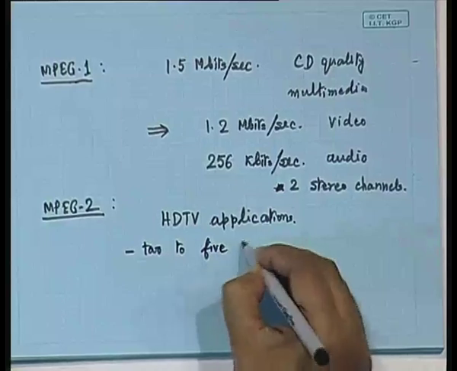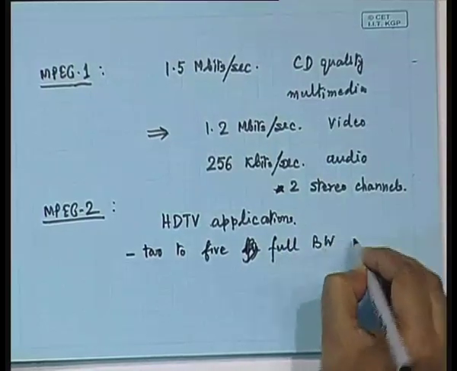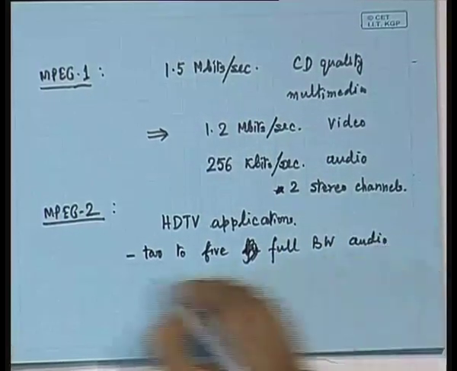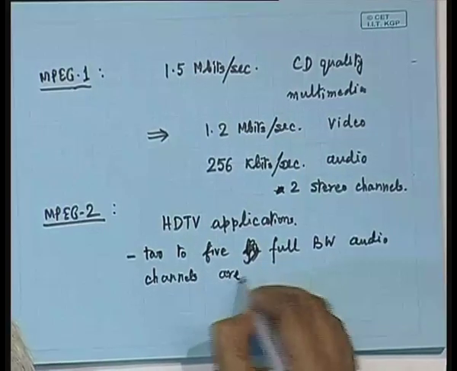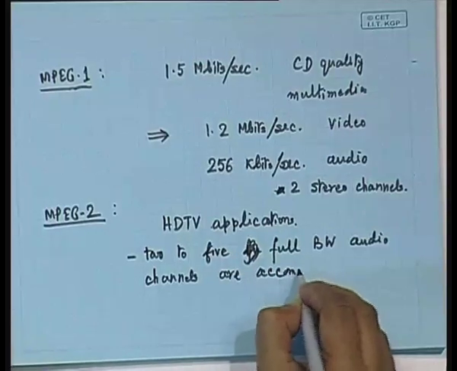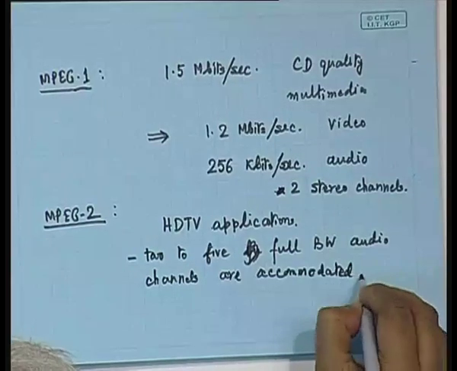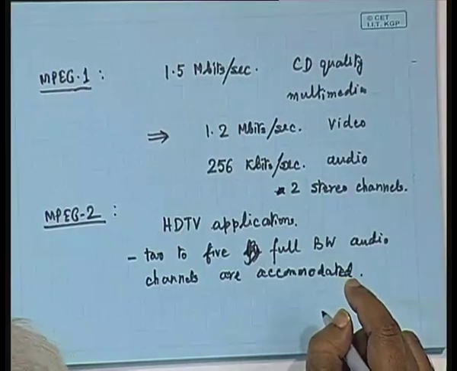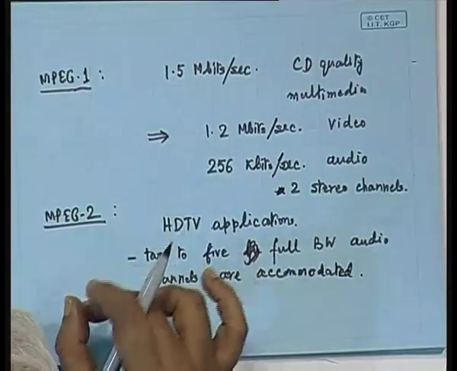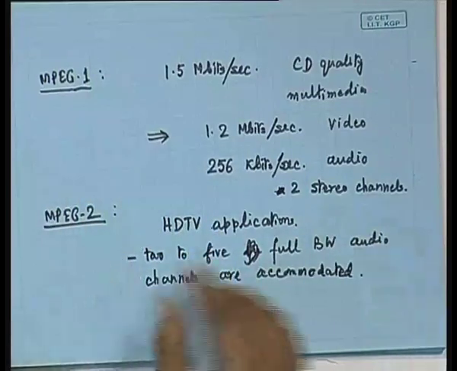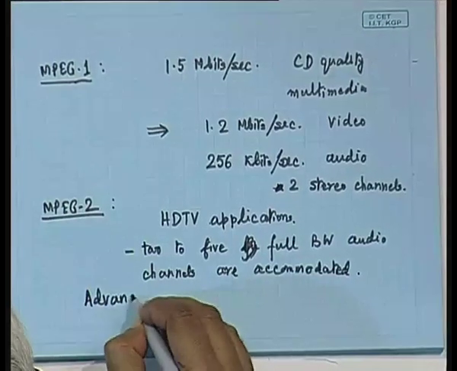2 to 5 full bandwidth audio channels. They are accommodated under MPEG 2, and there are certain coding tools that have been specified under MPEG 2, and that comes under the advanced audio coding of MPEG 2.